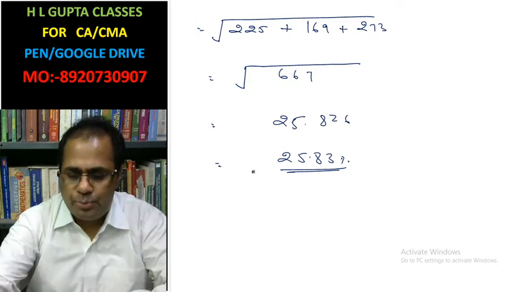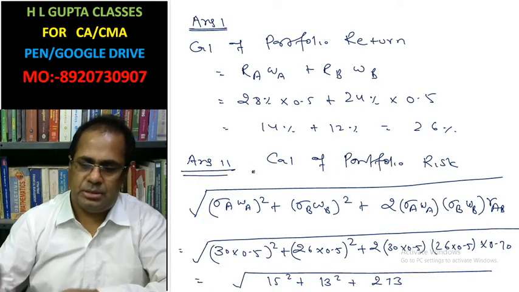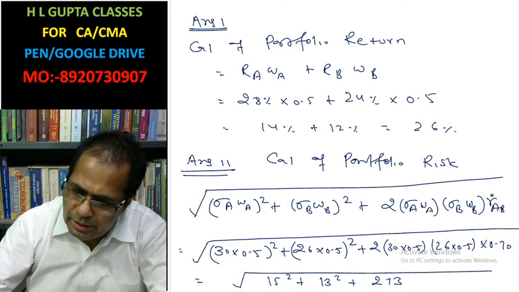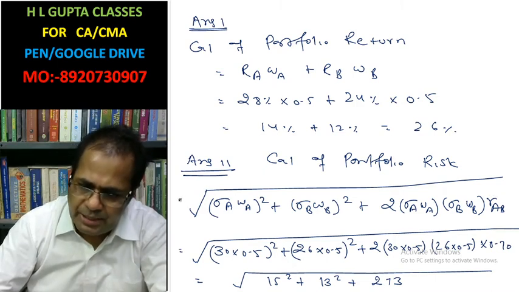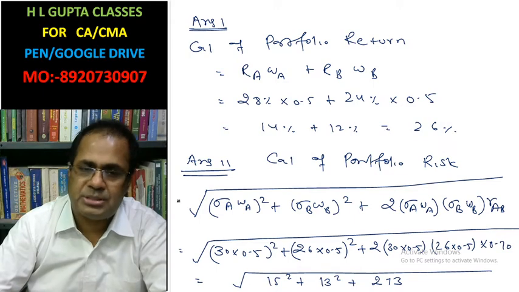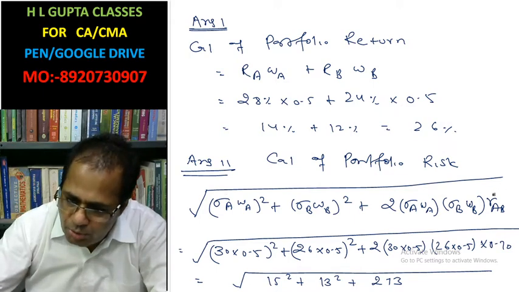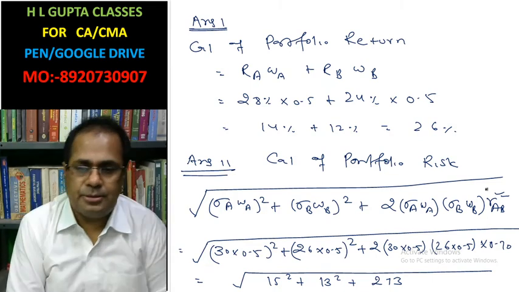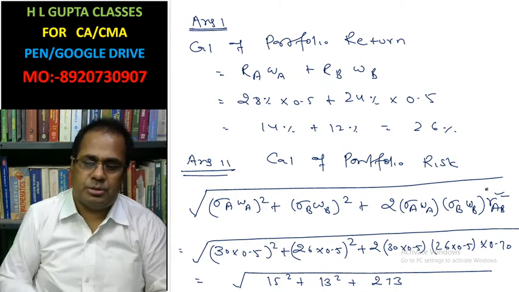Now we have to calculate the third case. Portfolio risk is given as 17%. If portfolio risk is 17%, then what will be the coefficient of correlation in this case?